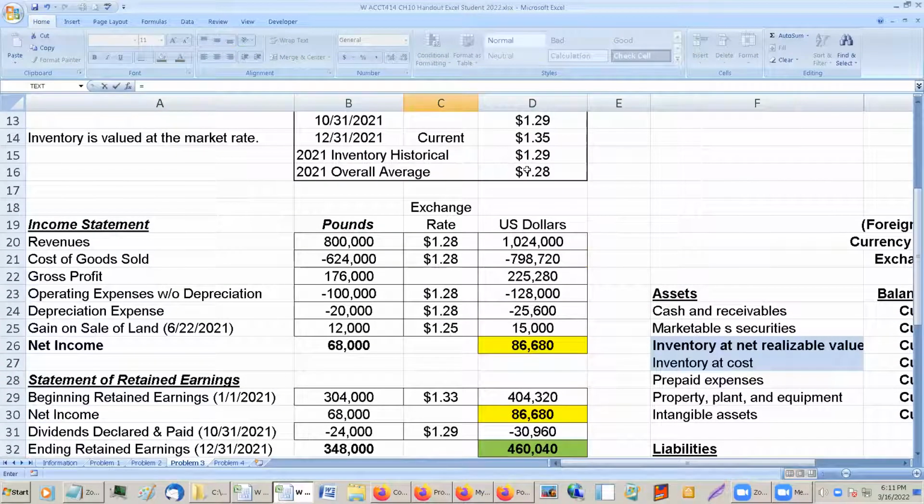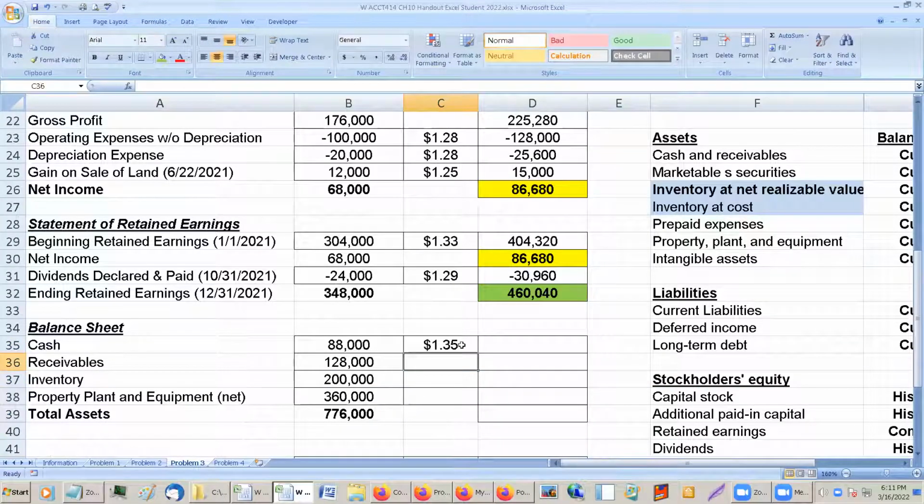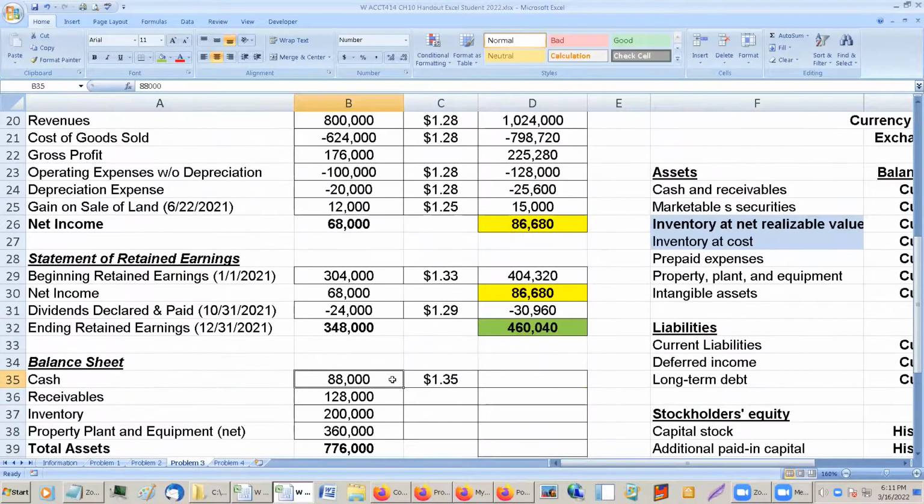So they're still in the foreign currency. So that will be the current rate, the ending rate. So in other words, this 88,000 pounds would translate at year end to $1.35. That's why we get these dollars over here. That would be what it would translate at that time.